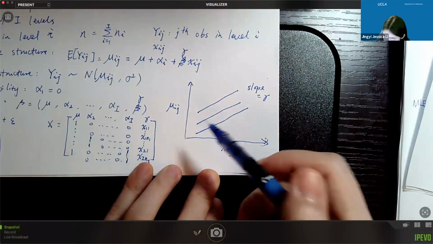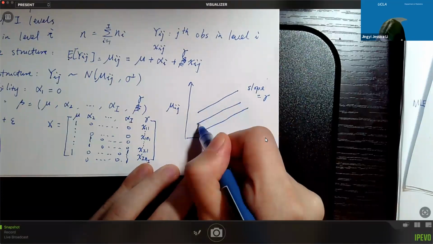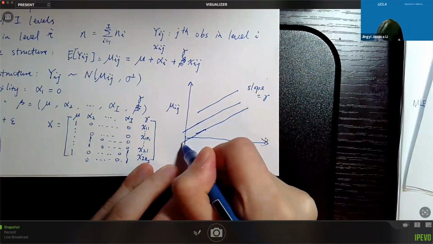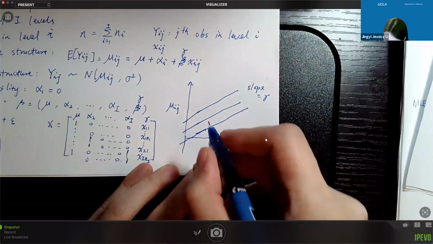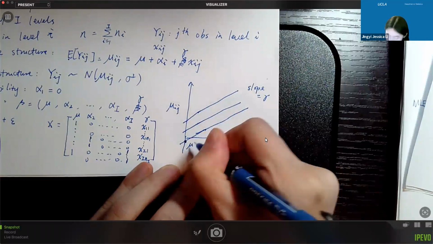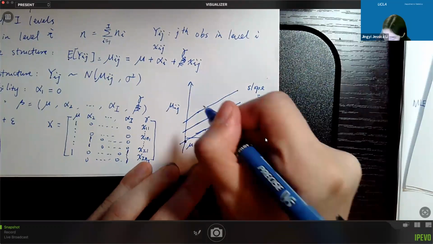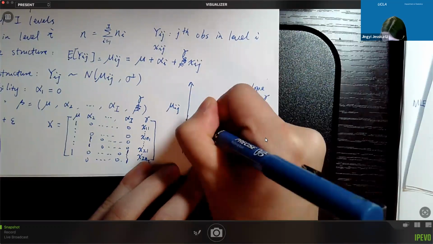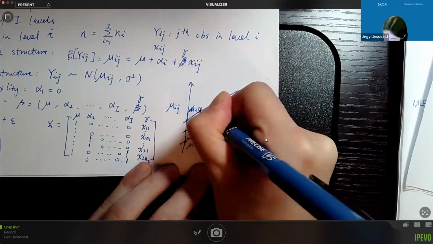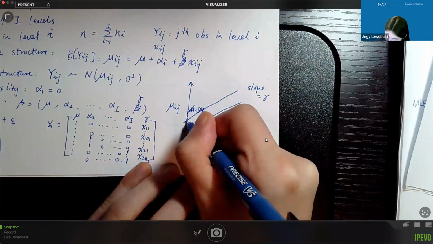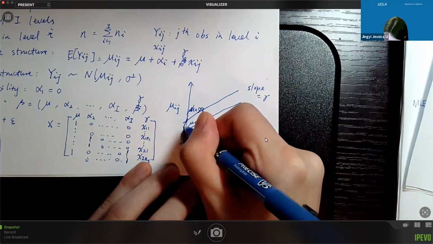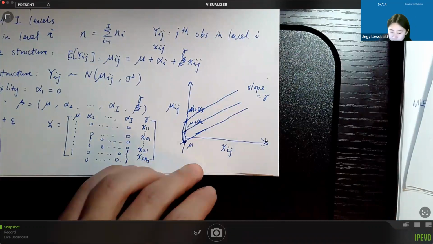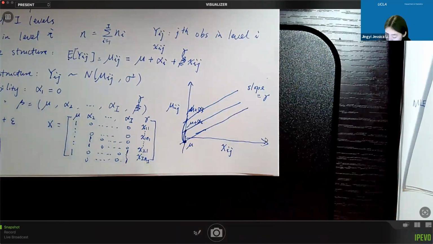So you can imagine, if I draw the lines to be like this, then if I call this mu, and then this one, I can call it mu plus alpha 2, and this is mu plus alpha 3. So their differences in intercept is what we call the offset, and that's the effect of the factor levels.